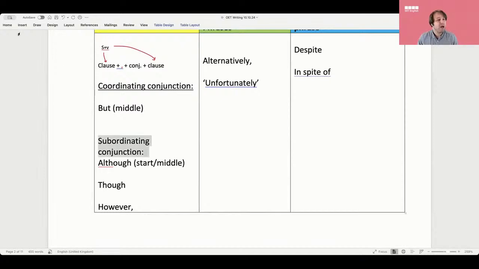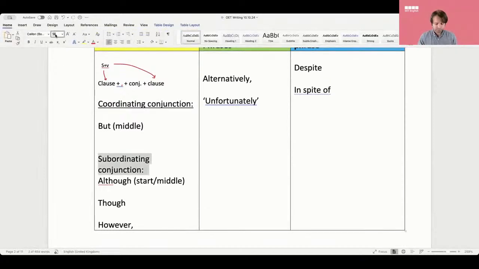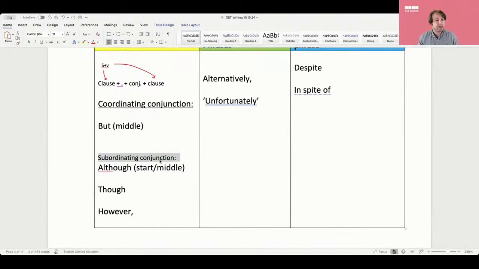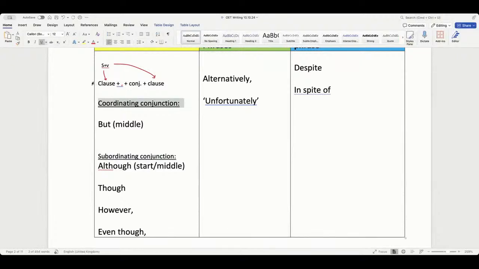Okay. Hussein, could you come back, please? It's actually really simple, Hussein, isn't it? The subordinating, can they go in the middle and the start? I think they can go. Yeah.